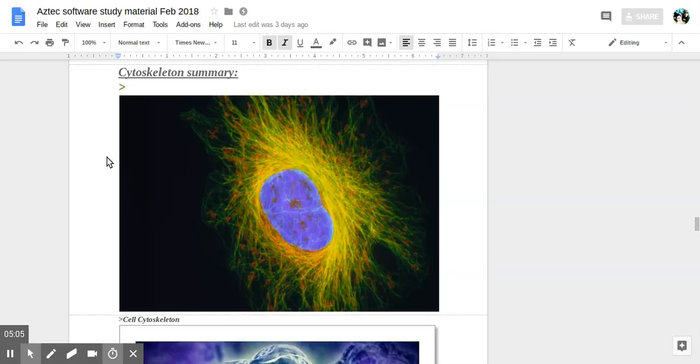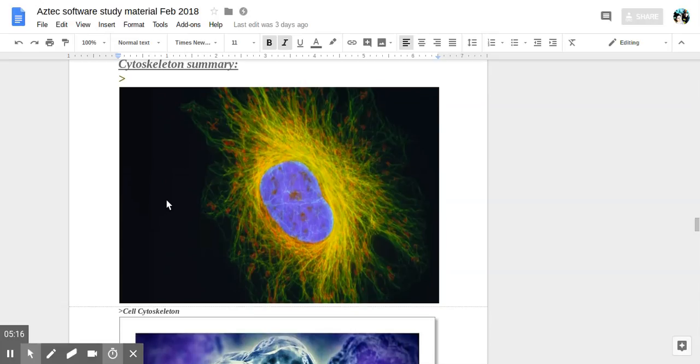The cytoskeleton, of course, was what we learned about earlier, and this is what keeps the cell intact and controls its interior parts.